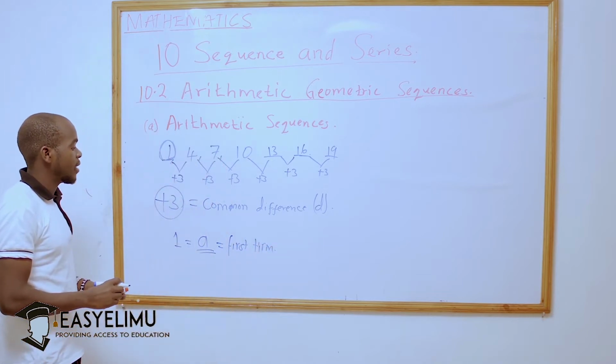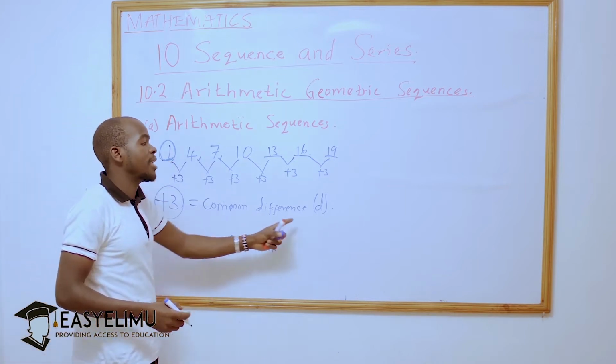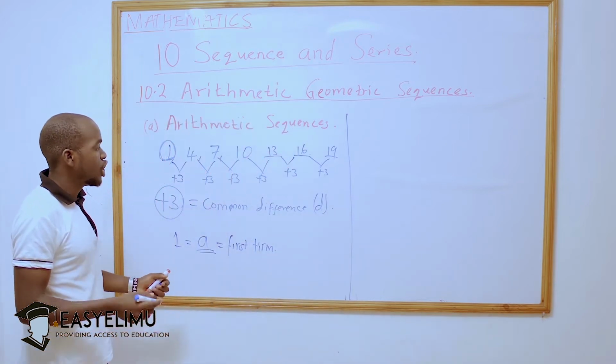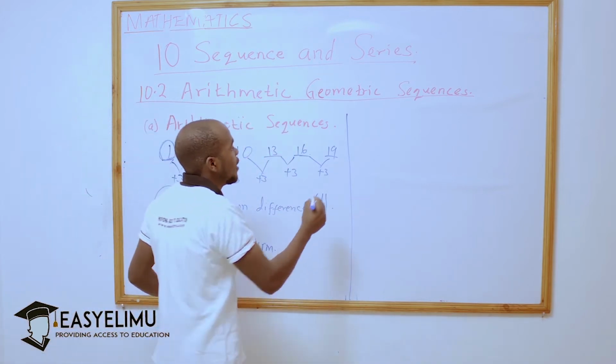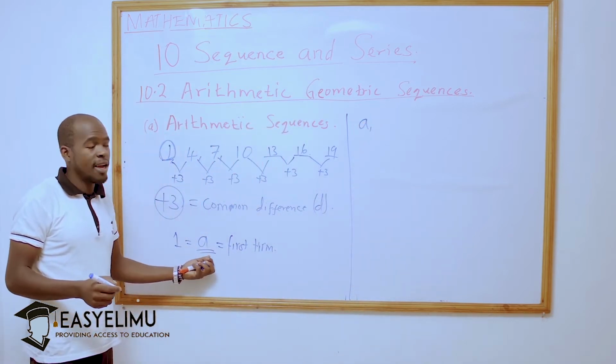So if this was to be written in terms of A and D, in general the first term could be A, because we have said that's the first term.